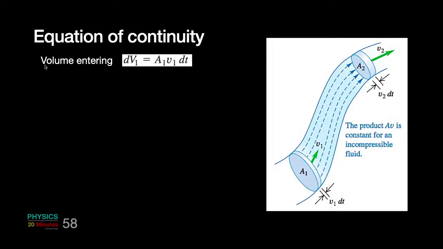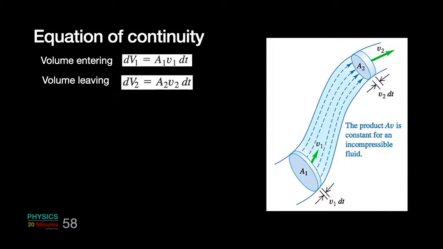So the volume entering the tube, dV1, can be written as the volume of this disc or cylinder. The volume of this disc or cylinder is cross-sectional area into thickness, that is A1 into v1 dt. The entire cross-sectional area into v1 dt.